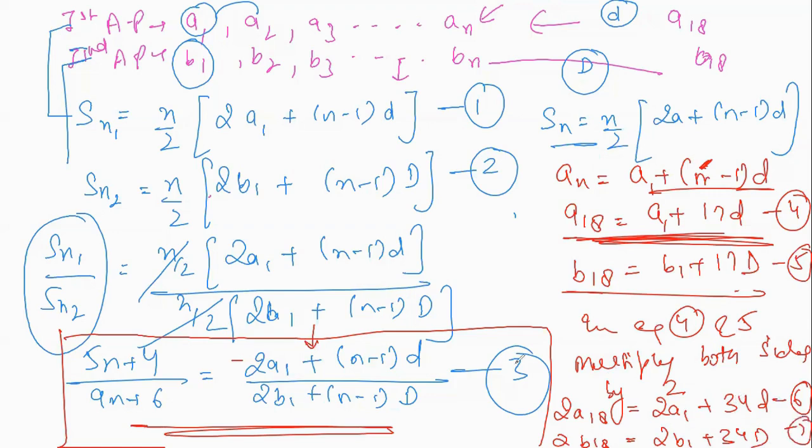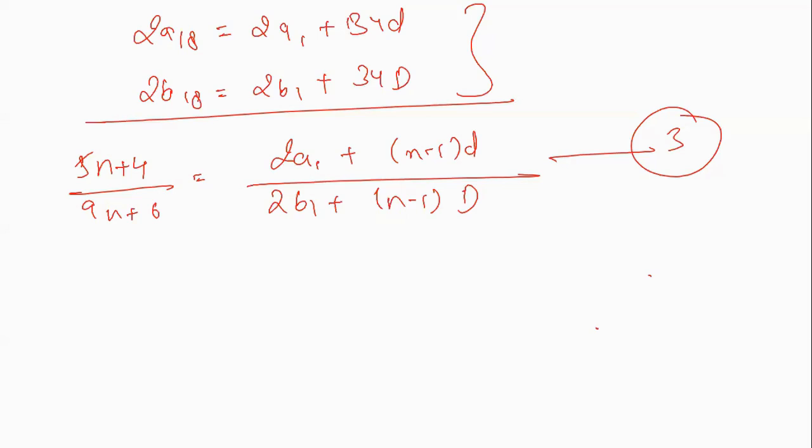Now, I have 2a1 here and 2b1 here. The space was very less, so I write it again. Now we have these two equations, and I have equation 3 also, the ratio of the sums that I got.